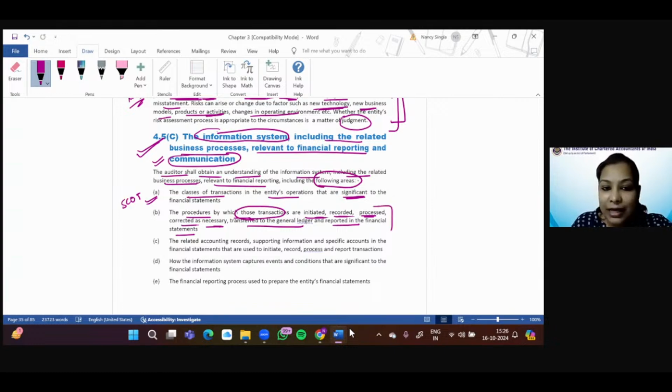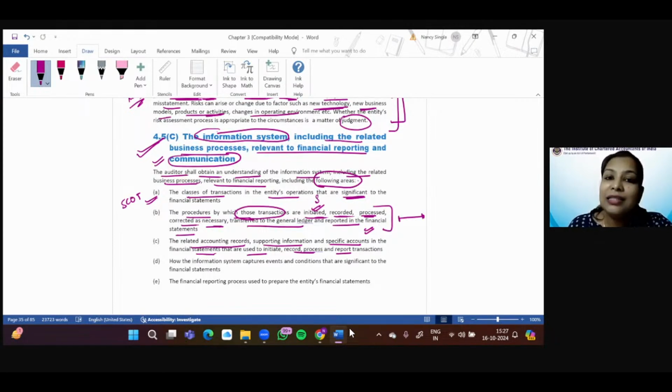So this one line states how the transactions are initiated and how the same are reported. Simple. The related accounting records, supporting information, and specific amounts in the financial statement that are used to initiate, record, process, and report transactions. Let's say a sales transaction is there, then how the process is initiated and how the same is reflected in the financial statement.